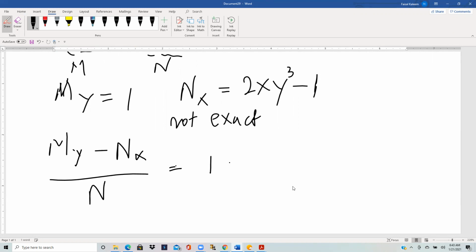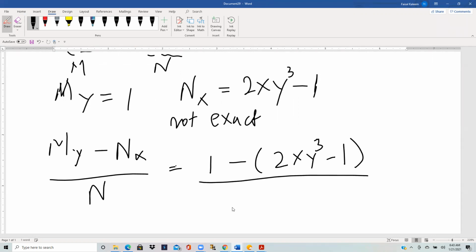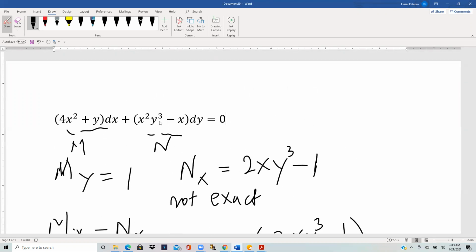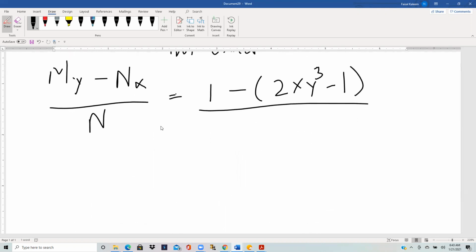So let's see, M_y minus N_x over N equals 1 minus 2xy cubed minus 1, divided by N, and N was this factor, x squared y cubed minus x.